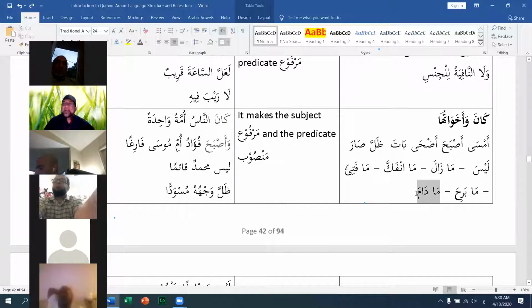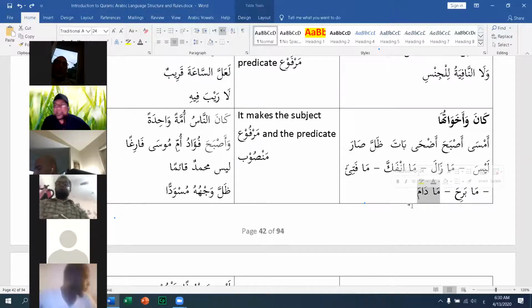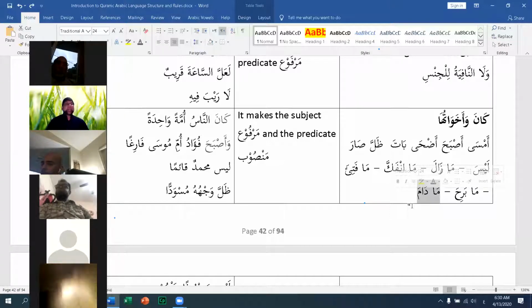Ma dama is used for a different meaning. Ma dama means as long as. Dama means to remain forever. For example, we say هذا شيء دائم. الجنة دائمة. Jannah will be forever. Ma dama means as long as.